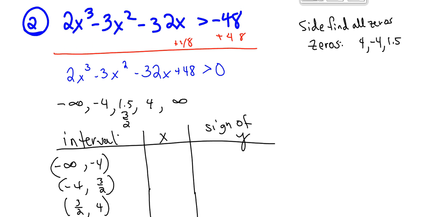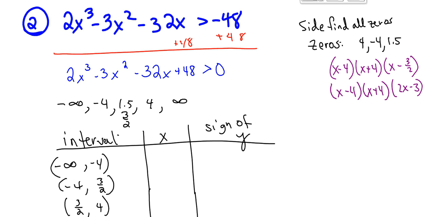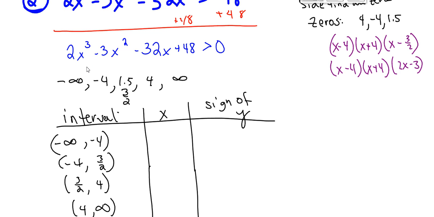So maybe you remember that I said I like to use the factors, and certainly I can use this rule that's written right there. But since I knew my zeros, I'm going to write those in factored form, and I'm even going to change this to be 2x minus 3, just a little easier for me to look at as I go.